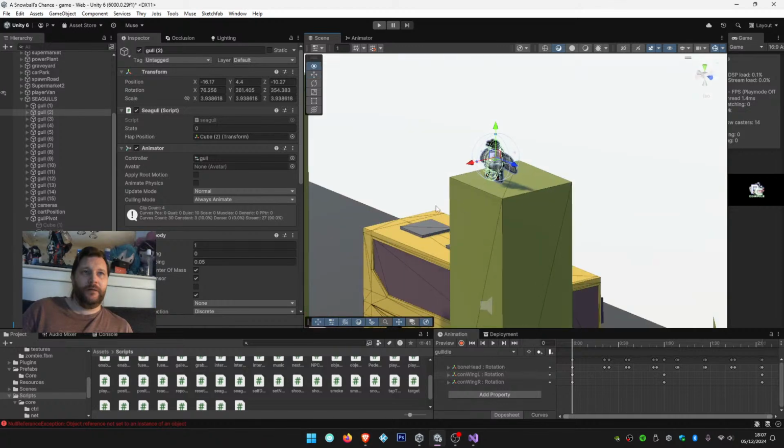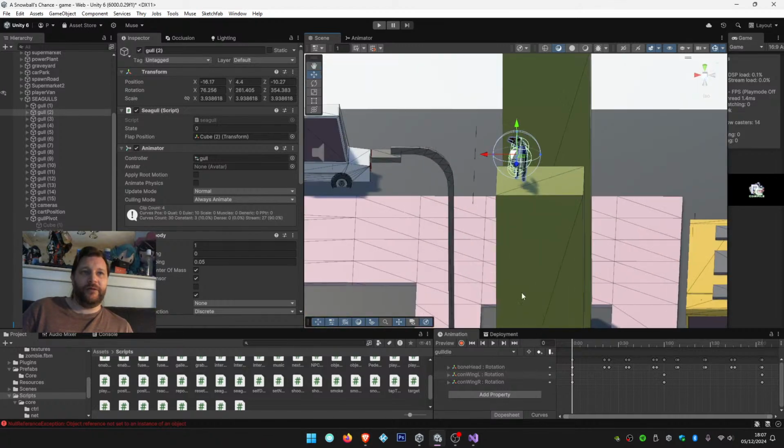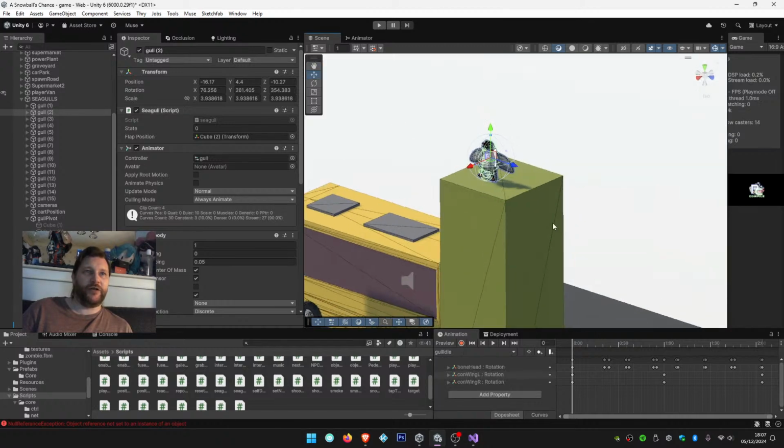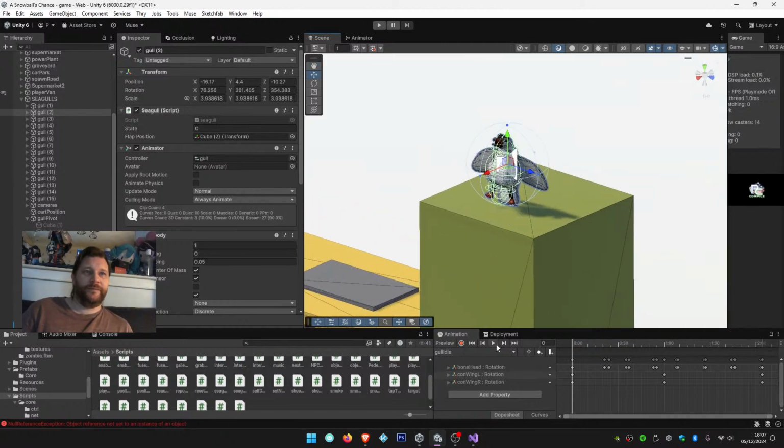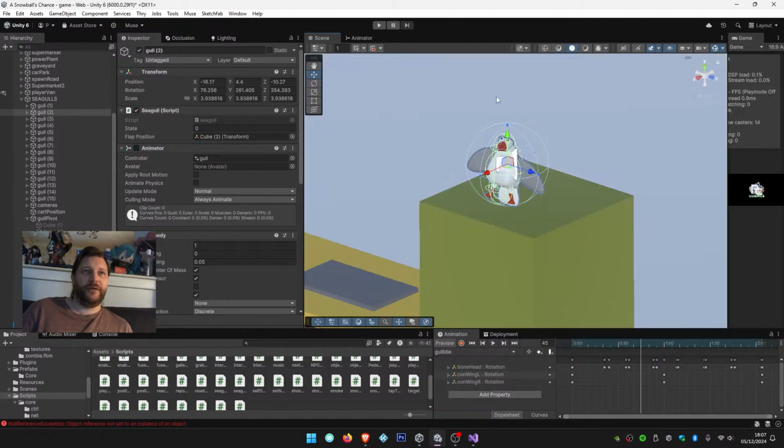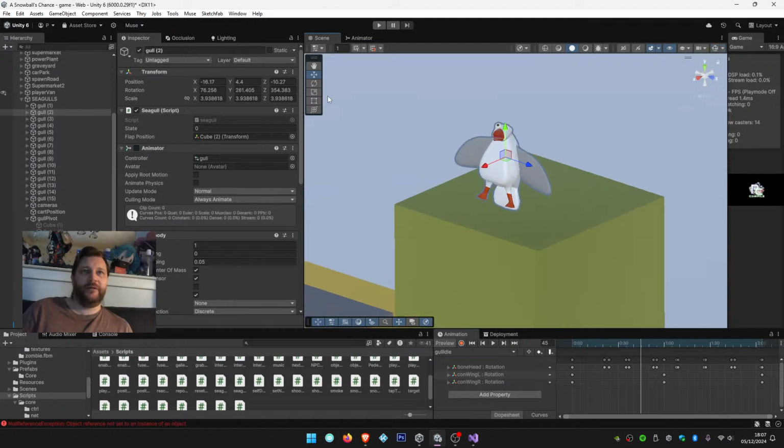And this is his gull idle animation. All right. Let me just turn all this garbage off so you can see it better. We can hide gizmos. There we go. We can see him a little bit better now. Alright, whatever. So there's his idle animation.